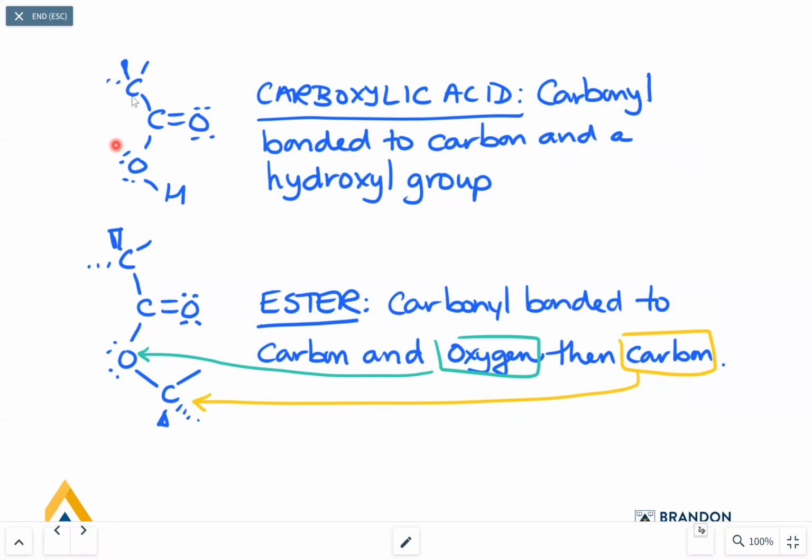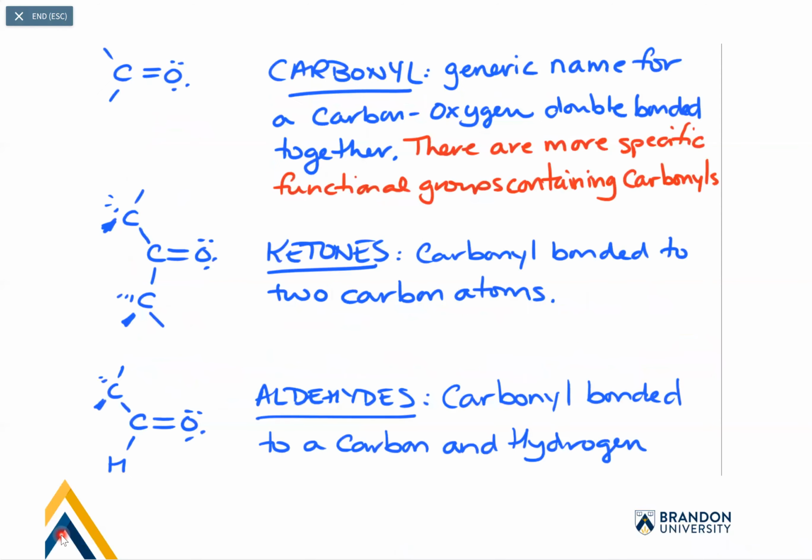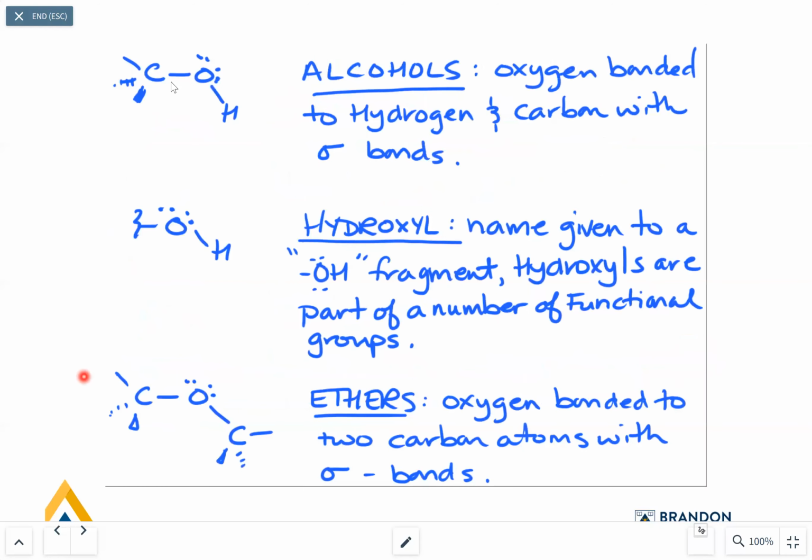Esters are a derivative of a carboxylic acid, except we're replacing the hydrogen with the carbon. So carbonyl flanked by carbon, and on the other side, oxygen and carbon. So if you go back to your alcohols, alcohol and ether, it's basically the same thing here. We're replacing hydrogen with carbon to give us an ether.